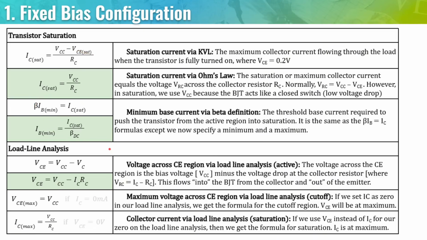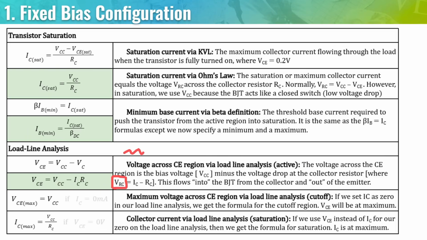For the load line analysis, here is a clarification. The reason VCE is equal to VCC minus ICRC is because the voltage across the CE region is the bias voltage minus the voltage drop at the collector resistor. You might notice here I put it as VRC to show it is at the resistor, because in some circuits, VRC and VC are different.